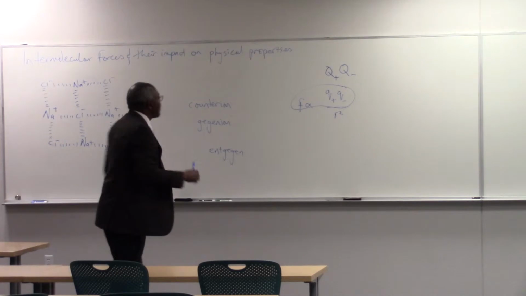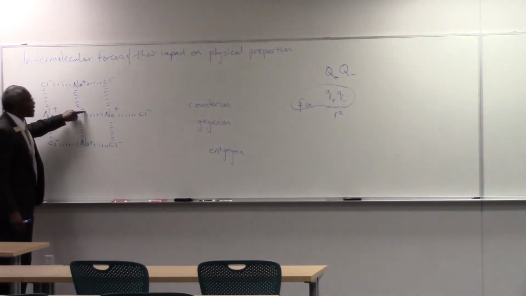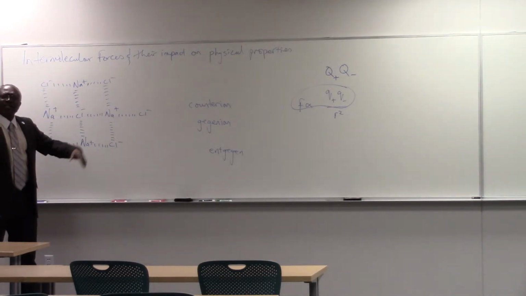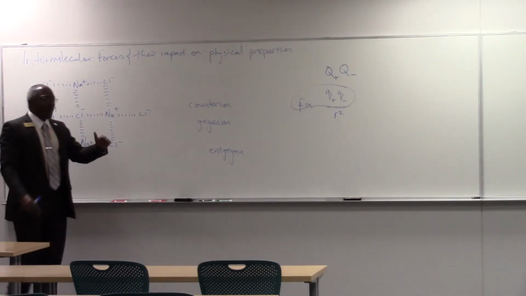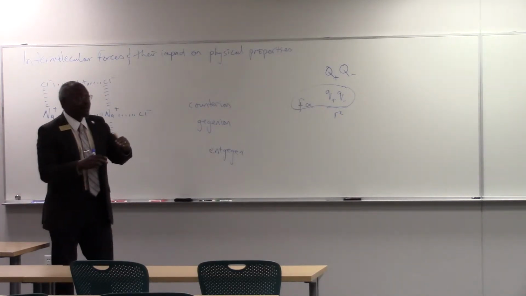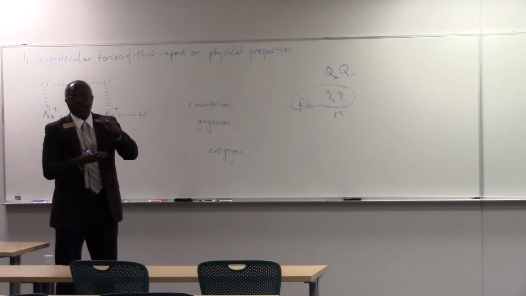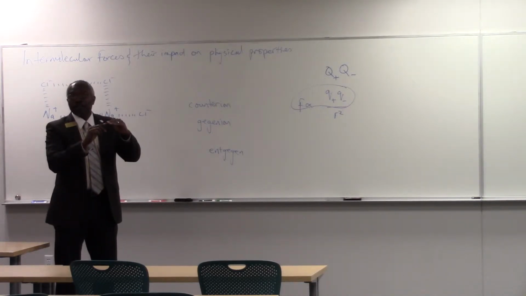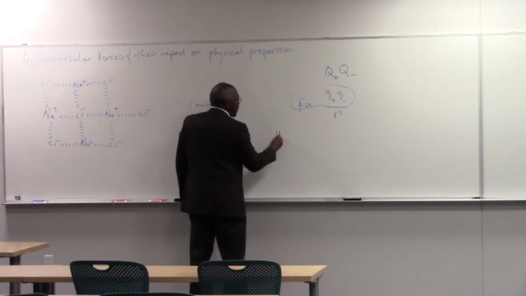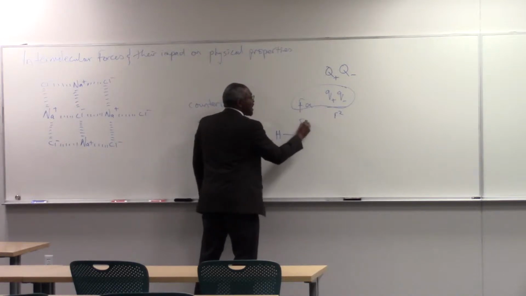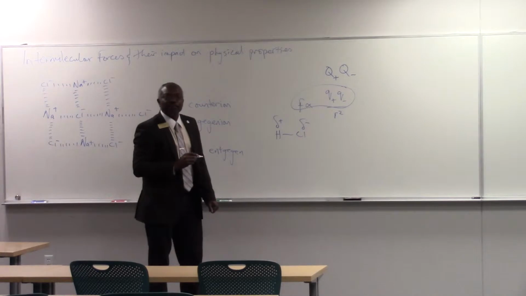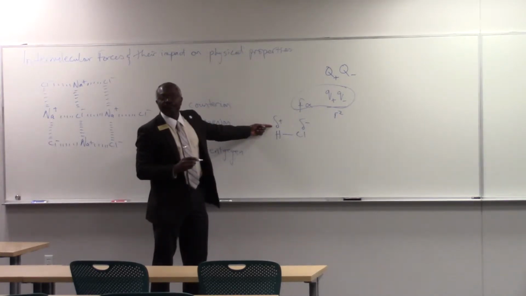Now you might say, well, the charge in chloride is only 1 minus. The charge in sodium is only 1 plus. And 1 is a small number. After all, 1 is a number just above 0. That's not true at all. There are an infinite number of numbers between 0 and 1. We've seen cases, for example HCl, where there is a delta minus charge on the Cl and a delta plus charge on the H. That number is less than 1.